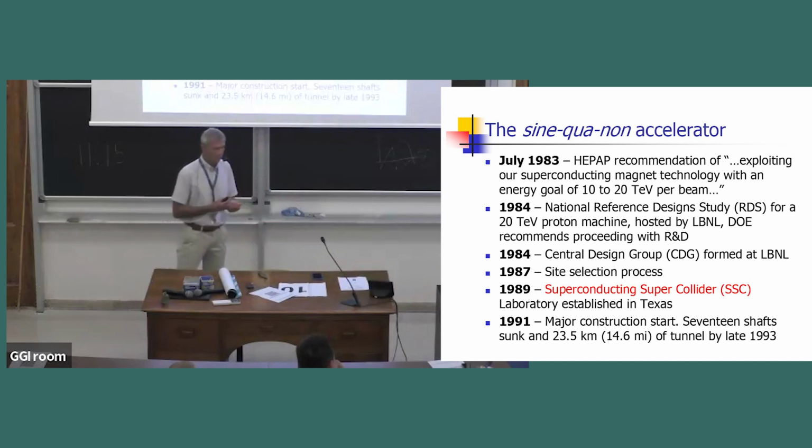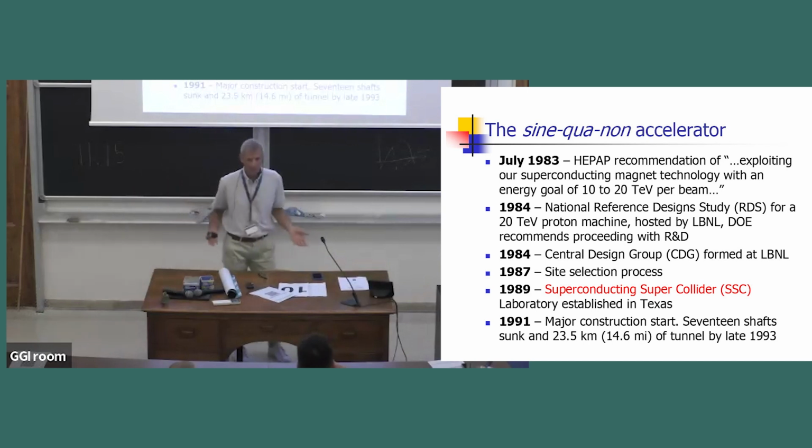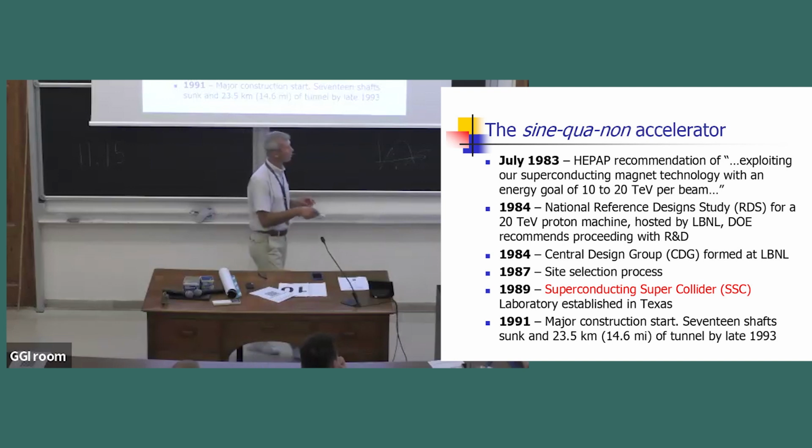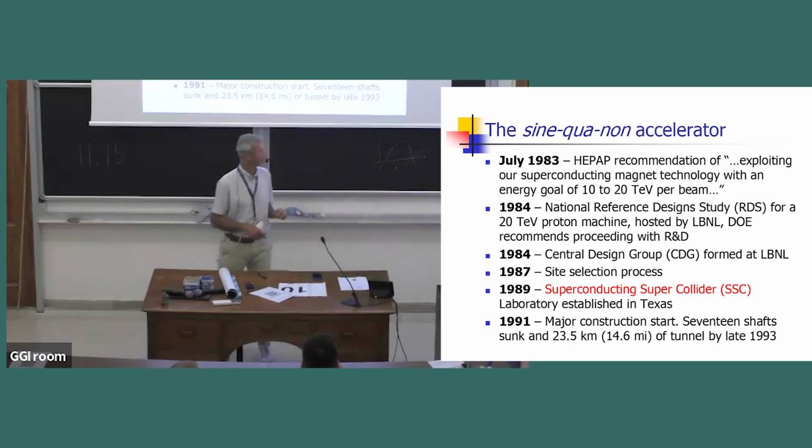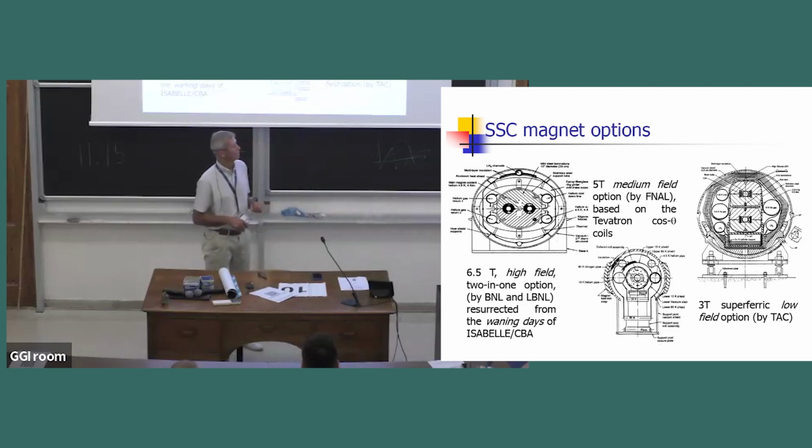Following these two, there was obvious interest in what is the next step. So one of the next steps that was proposed in the US was the SSC, the superconducting super collider. It started off in 1983 with a recommendation and ended up in 1991, after founding a laboratory in Texas, with a construction start, in particular the tunnel again.